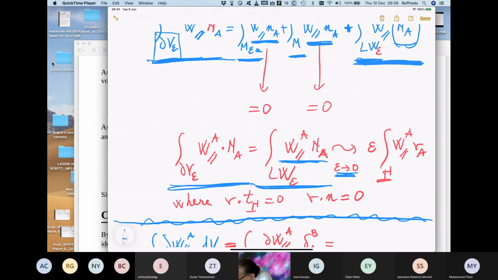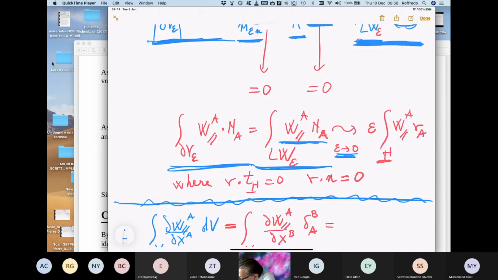Okay? And this is where nu is orthogonal to the tangent vector to the curve gamma, and nu is orthogonal to n. So this is exactly the flux of W parallel through the curve gamma.